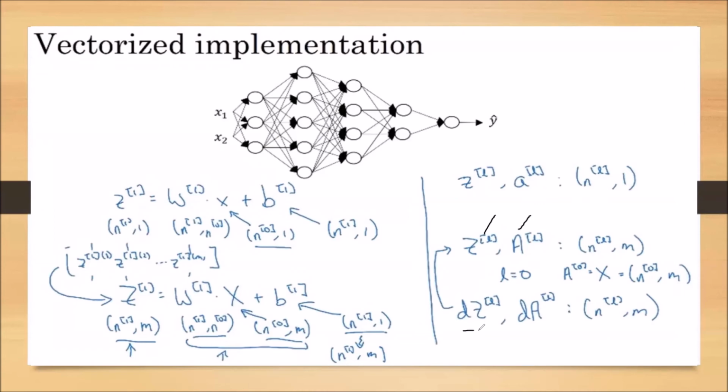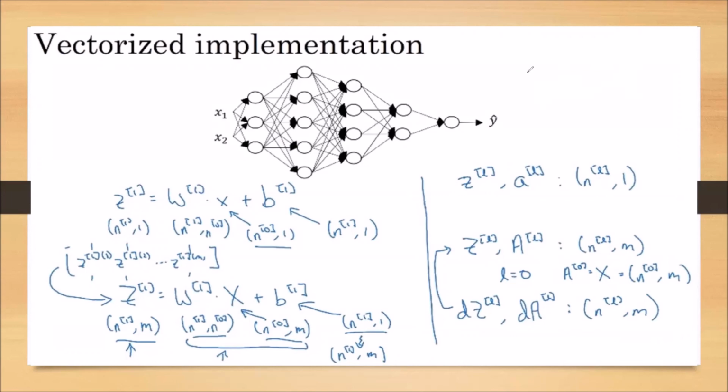The DZ and DA are also NL by M matrices, where DZ is the differentiation of the cost function with respect to Z, and DA is the differentiation of the cost function with respect to A. We already discussed the differentiation of the cost function for the sigmoid function. If we write dz of 3, it is nothing but a3 minus y. We already derived it.